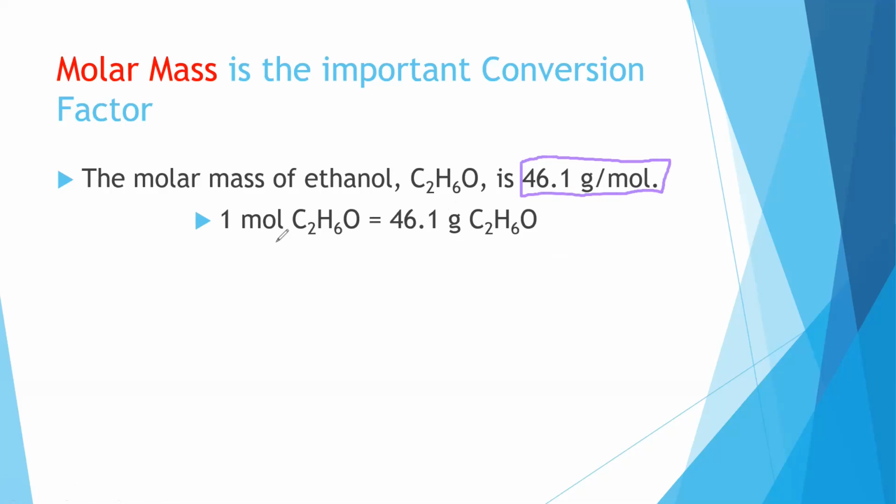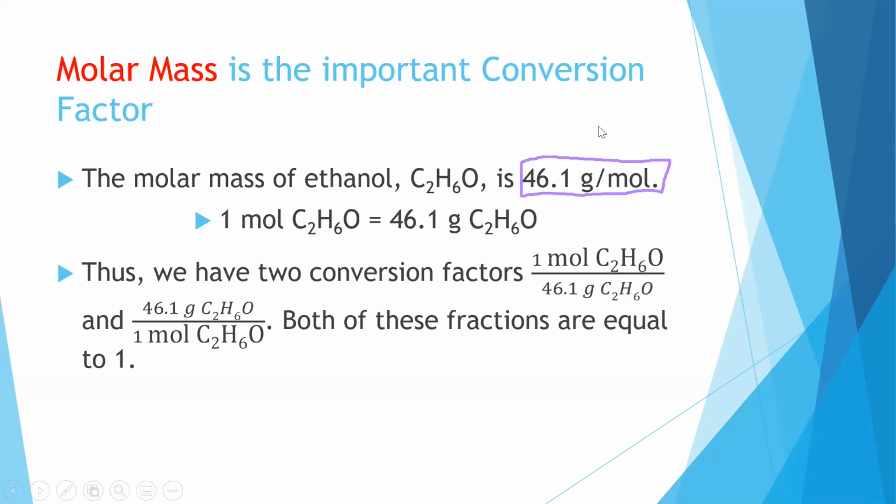So we know that 1 mole of ethanol is 46.1 grams of ethanol. Then we can divide both sides of this equation, which I'll call equation 1, by 46.1 grams per mole. Let me do it right now.